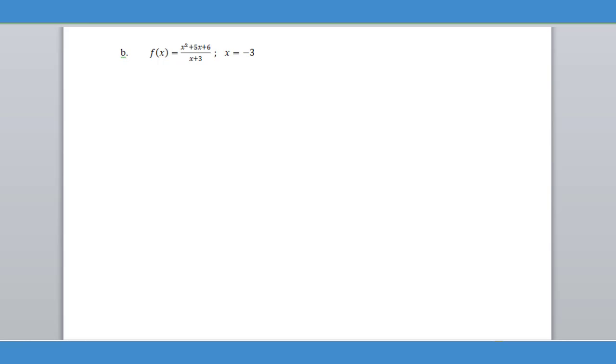And so we need to go through our basic tests. Our very first test is just to see if it has an output value for x equals -3. So we'll go ahead and evaluate this at -3. I'm going to plug in -3 for all x values in the entire function.